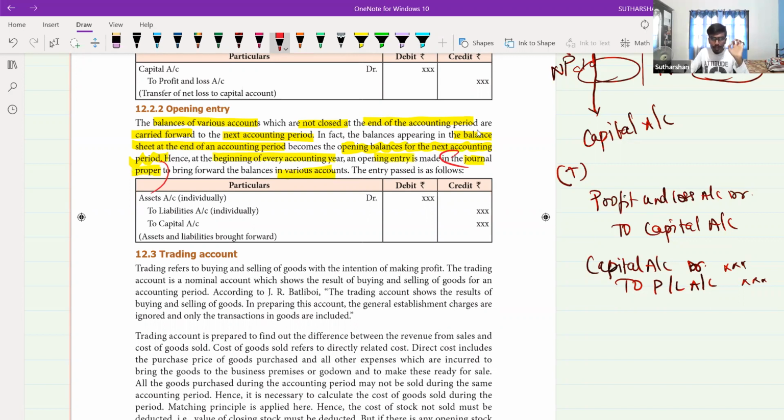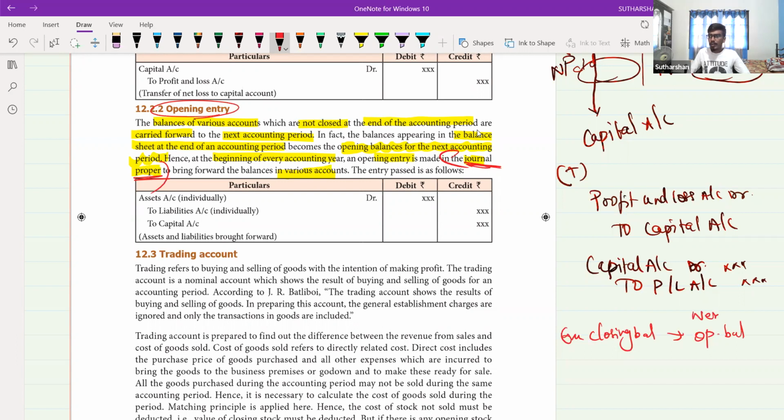Wait. The opening entry, the closing entry, and the adjustment entries, we are passing the journal entries in the journal proper. So every year's closing balance is next year's opening balance.